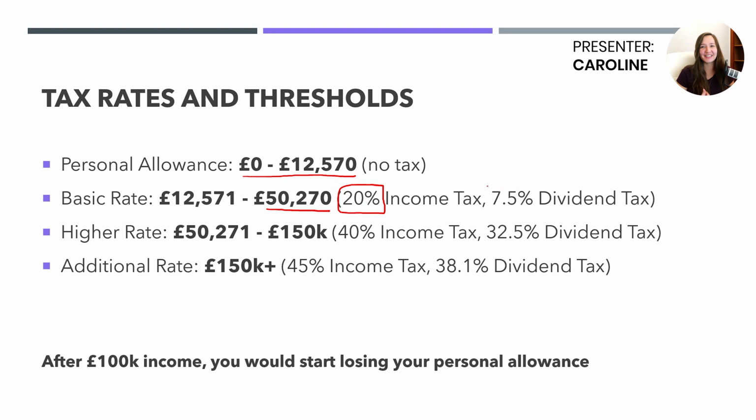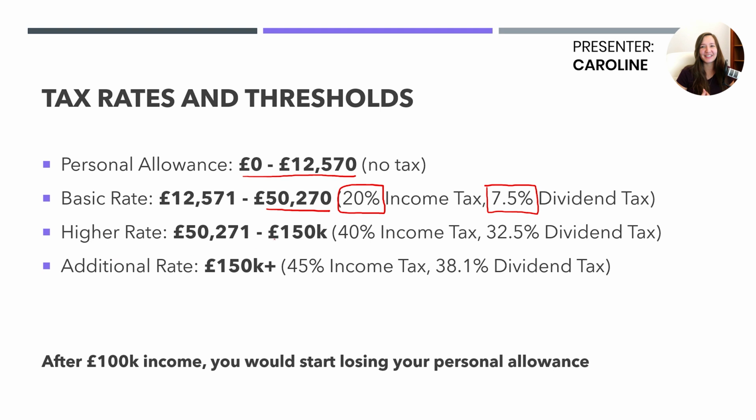And then we've got 7.5% for the dividend tax. And just a quick note, when you are working out a combination of salary and dividends, salary is always added first to the income tax calculation and dividends are added after.